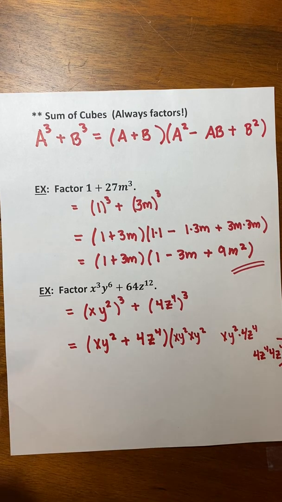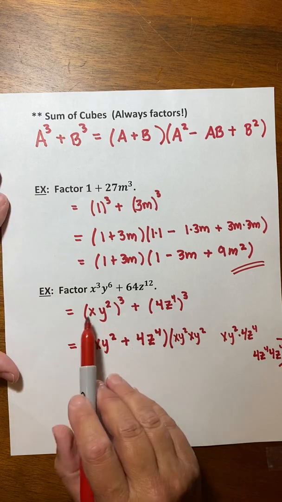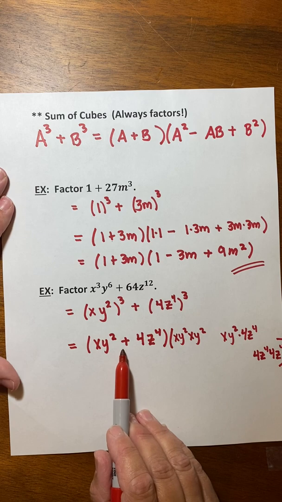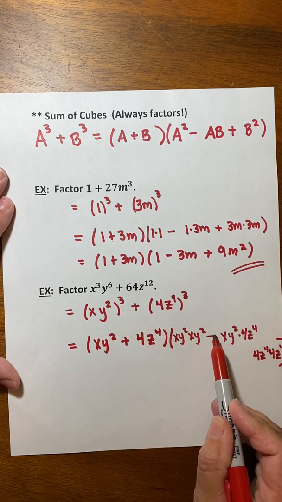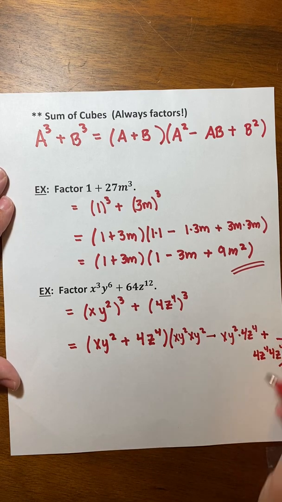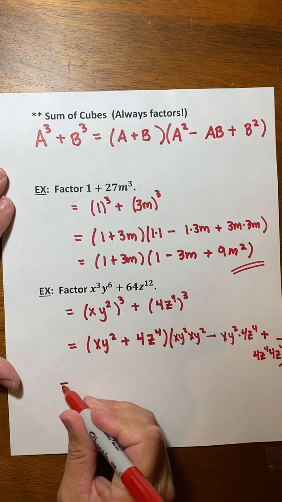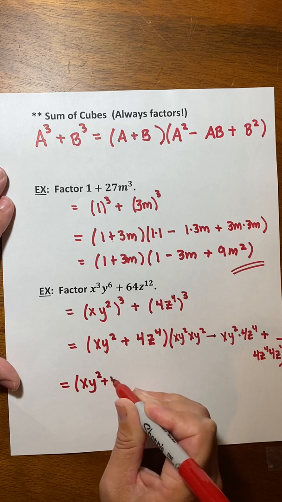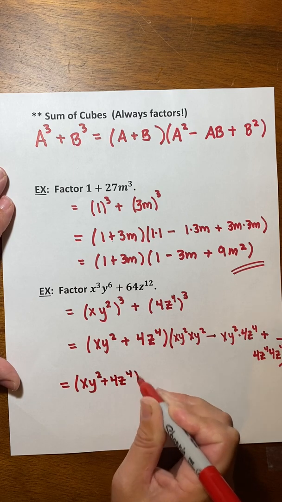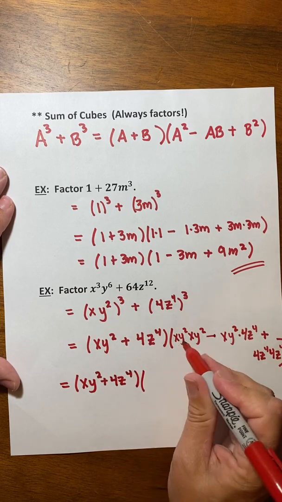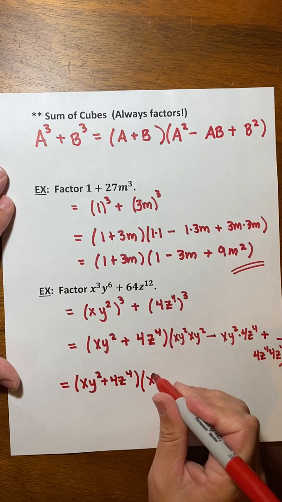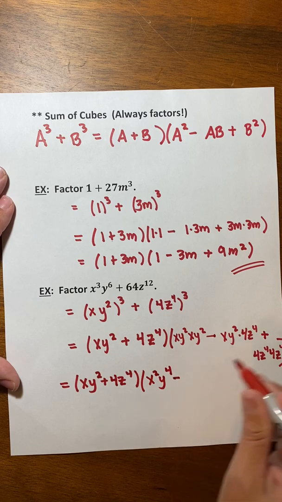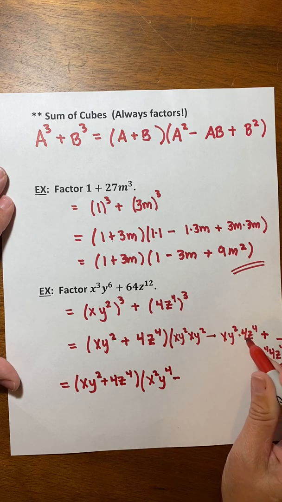Now where you have to be careful is the signs that you use. If we're doing the sum of cubes, we keep the sign the same in the first set of parentheses. We switch it to the opposite sign, and we always end with positive. So I'm going to clean this up: xy squared plus 4z to the 4th, times xy squared, xy squared, which is x squared y to the 4th, since we add the powers, minus xy squared times 4z to the 4th.